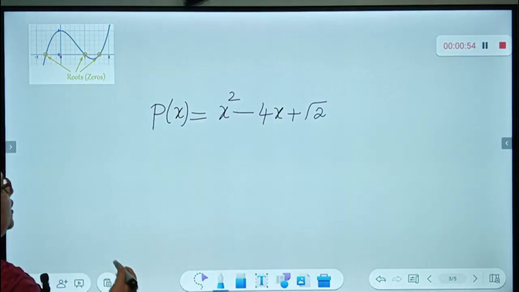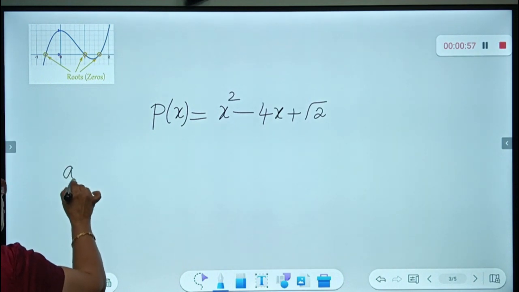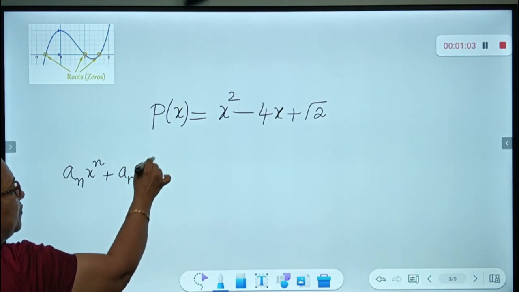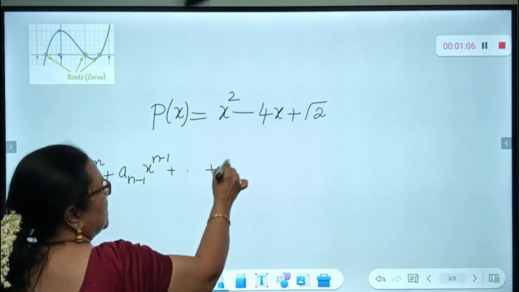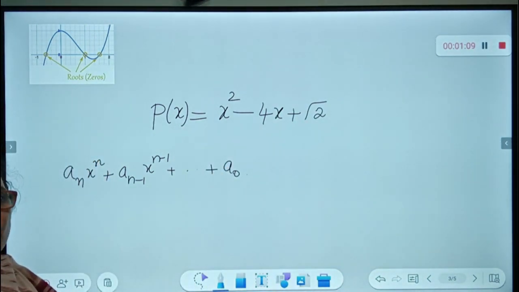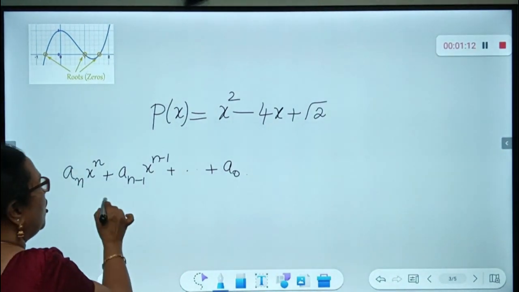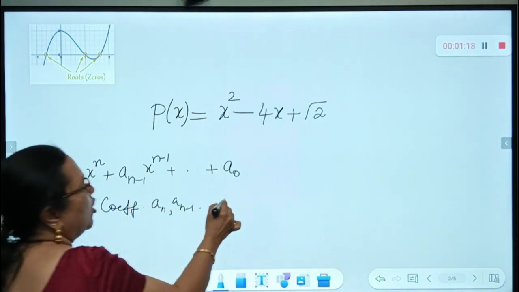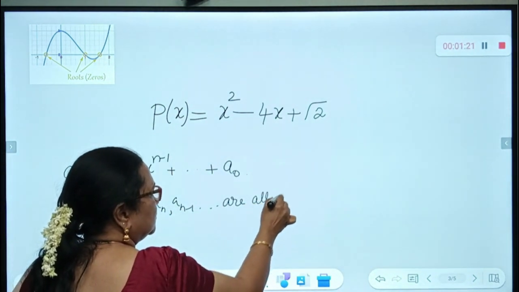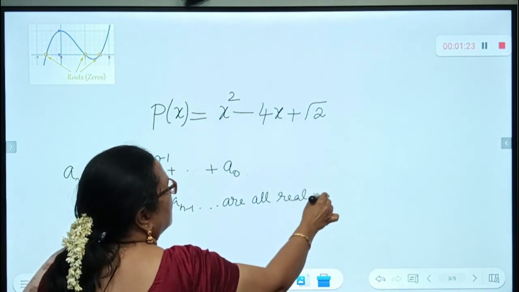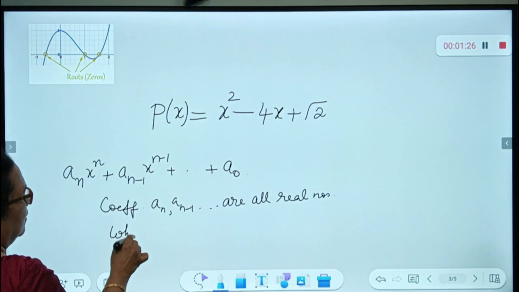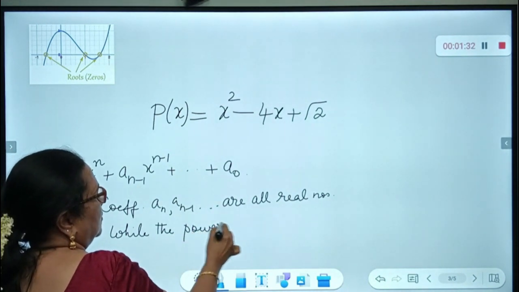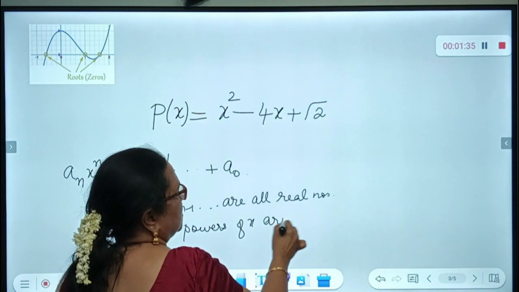When I say polynomial, any expression of the form a_n x^n + a_(n-1) x^(n-1) + ... + a_0 is called a polynomial, where all the coefficients a_n, a_(n-1), etc. are real numbers, while the powers of x are whole numbers.